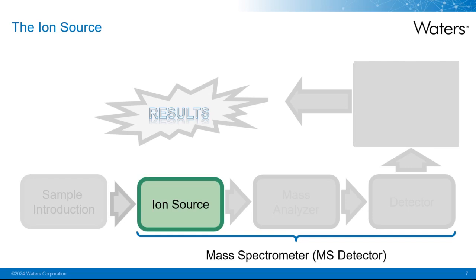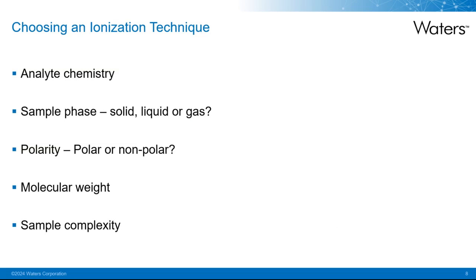So first let's talk about the ion source. The process of converting our analytes and other components from the chromatograph into ions is critical to ensuring that they are detected. Several sample properties are very important when selecting an ionization technique. Analyte chemistry, the phase in which the sample enters the source, the polarity and molecular weight of the species of interest can all be critical in choosing an appropriate technique.